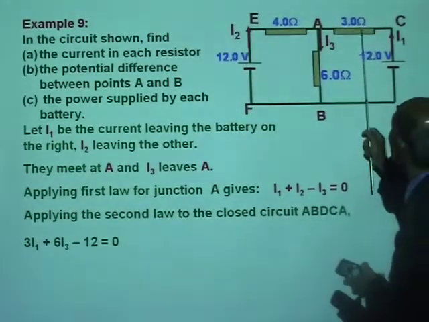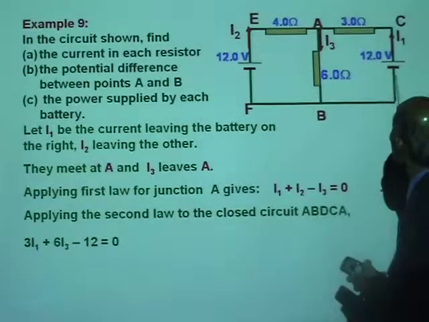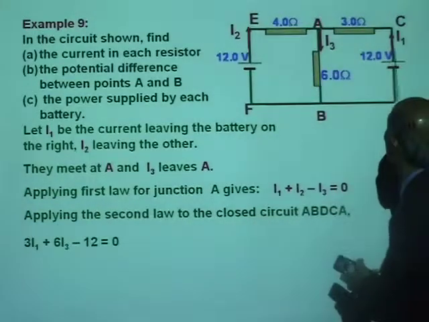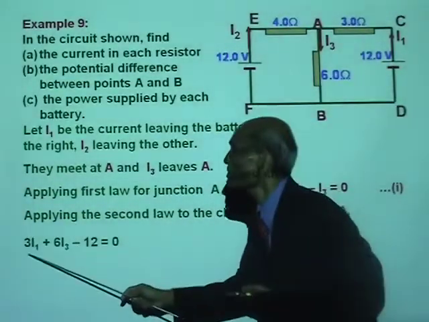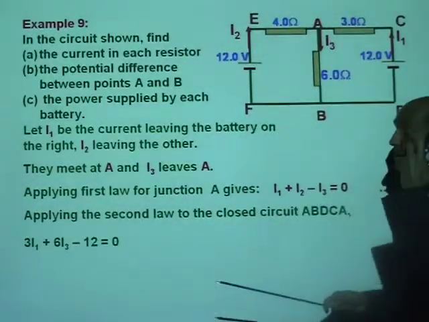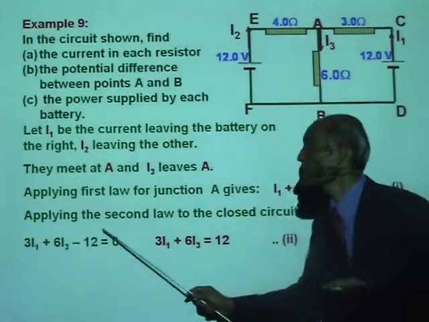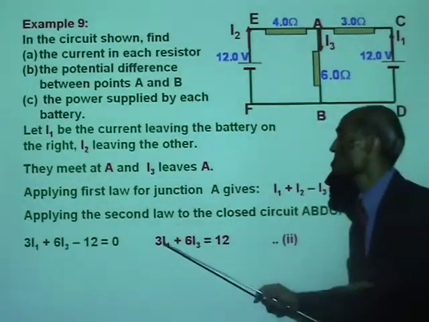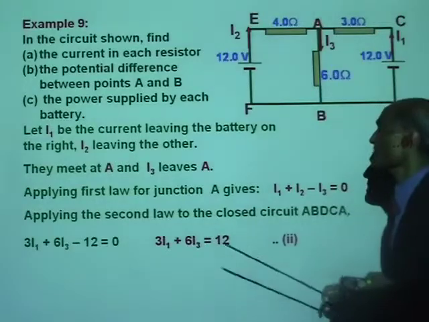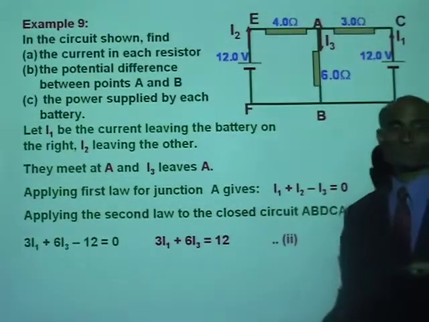You see, look at the way the loop is traced out. It goes through the cell from negative to positive. The potential drop across the cell is negative 12. 3I1 plus 6I3 minus 12 equal to 0. And taking the constant to the other side, you have 3I1 plus 6I3 equal to 12. You've got a second equation.